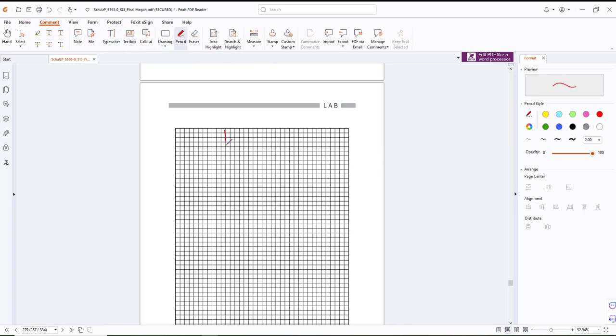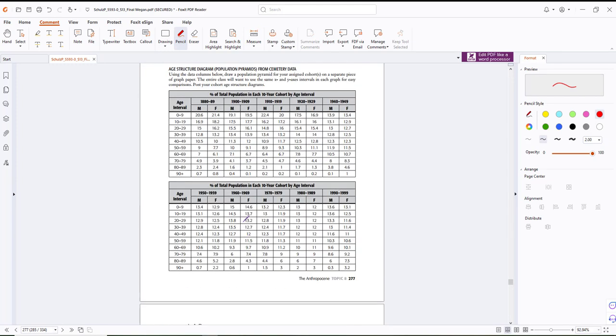So basically you draw a y-axis in the middle, and then you have the population size along the sides, not the ages. So if I look at our cohorts, I can see our population sizes range from about 20 to very small.